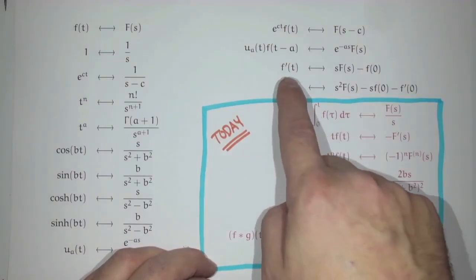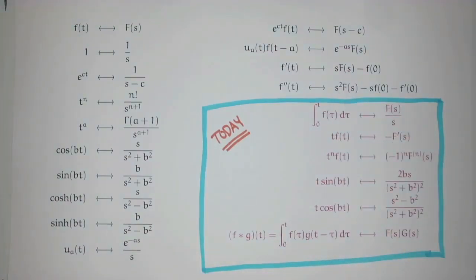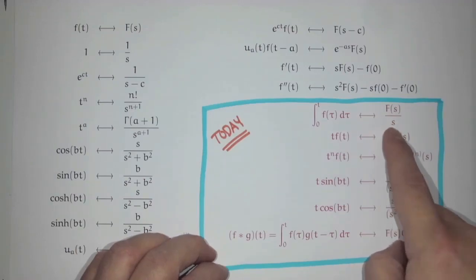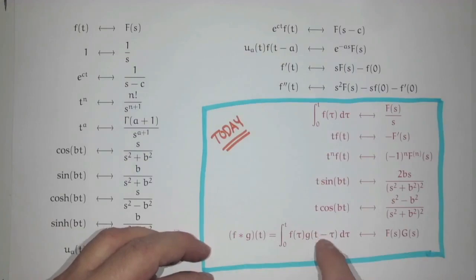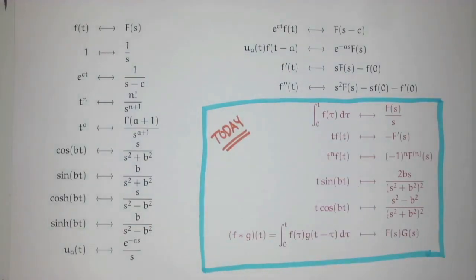So if derivative corresponds to multiplying by s, what's the opposite of multiplying by s? Divide by s. What's the opposite of derivative? Integral or antiderivative. And that's the first thing. The antiderivative corresponds to dividing by s. Okay, so that's not a big surprise. We'll go through the justification. Now, there's a little bit more than antiderivative there, but we'll talk about that.